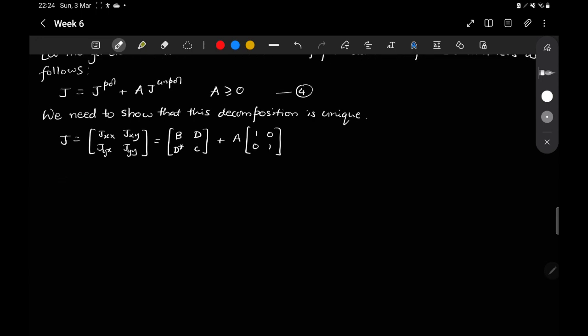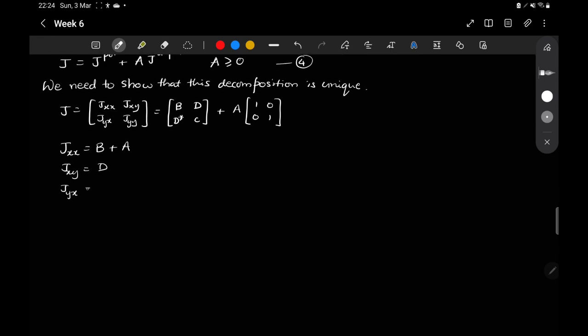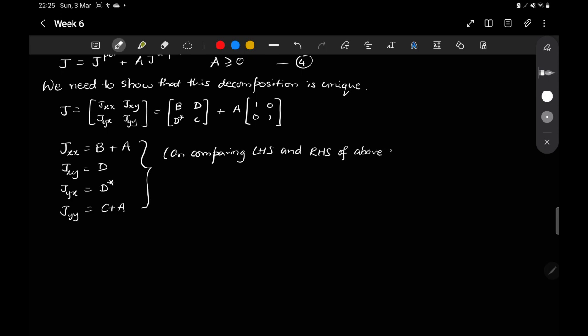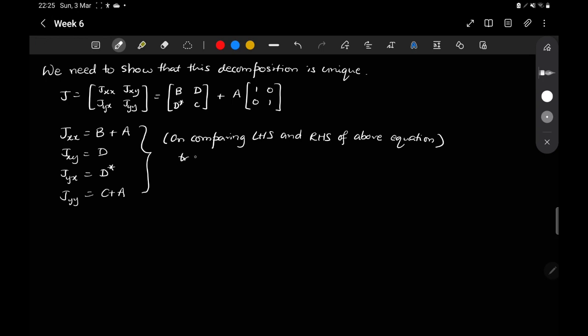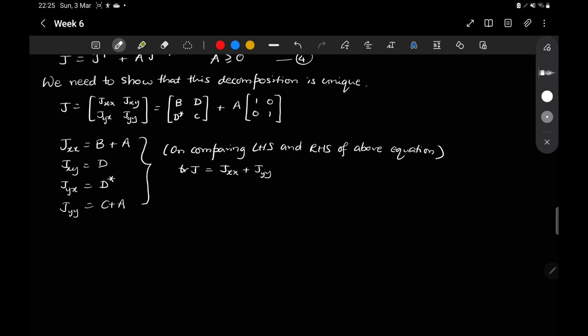Now we can compare the LHS and RHS. So trace is sum of the diagonal elements.